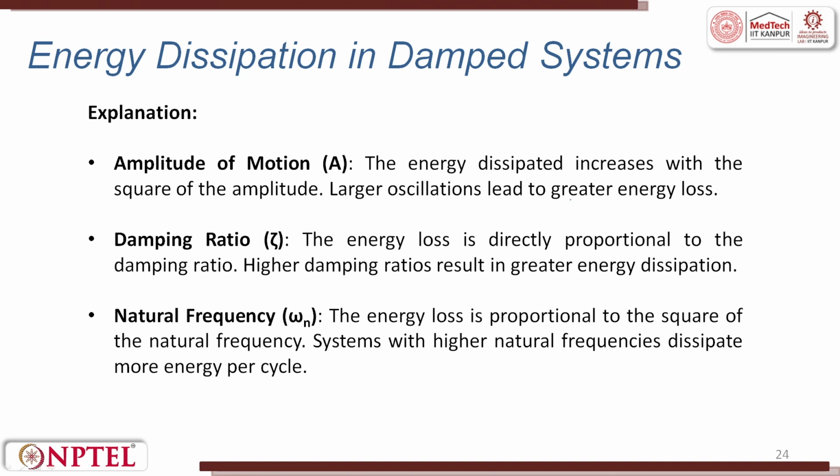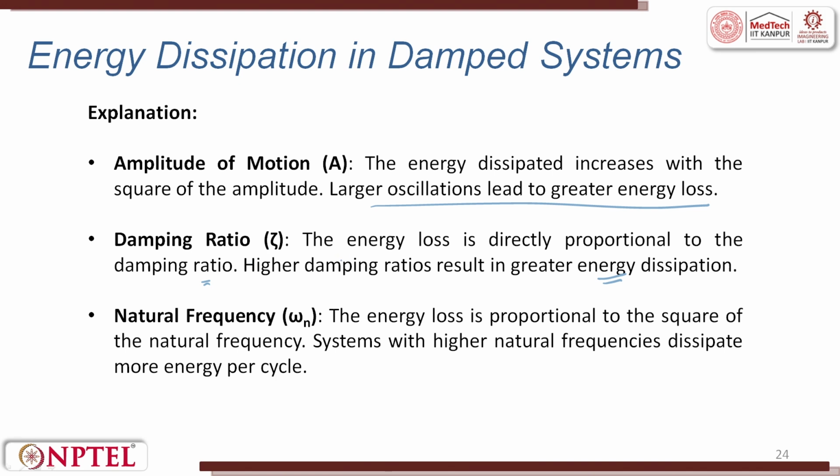Larger oscillation leads to greater loss. Then the damping factor: the energy loss is directly proportional to the damping ratio. A higher damping ratio results in greater energy dissipation. But if you keep on increasing the damping ratio, the vehicle also becomes heavy.